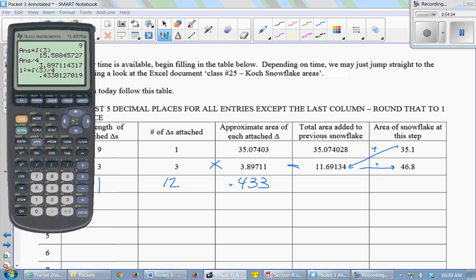But I'm adding 12 of those, so I multiply that by 12 and I get 35.196. Then add that to the previous area, 46.8, and I get 51.99.